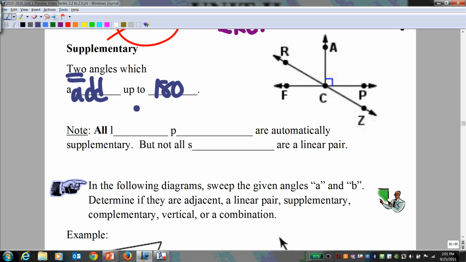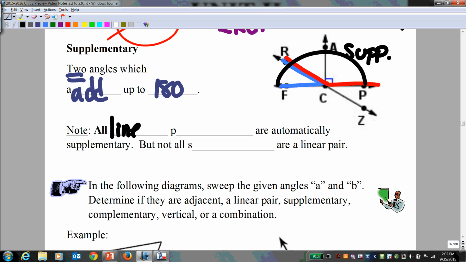Supplementary adds up to 180. So any two angles that would add up to 180 would be sufficient. So taking a look here, any two angles, RCF and RCP, that would be supplementary. Wait a minute, Miss Way, that looks like a linear pair. That's true.